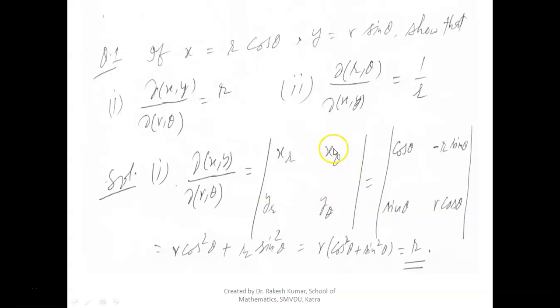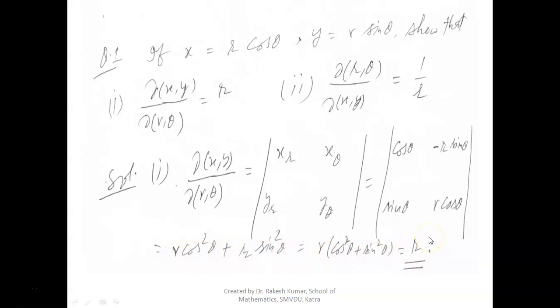This you know from the definition. So simply, the partial derivative of x with respect to r is cos theta, and with respect to theta it is minus r sin theta, and similarly for y, with respect to r it is sin theta, and with respect to theta it is r cos theta. So just finding the value of this determinant, I get r.